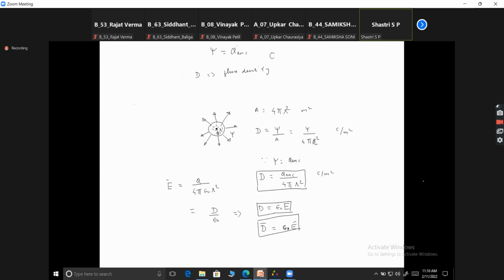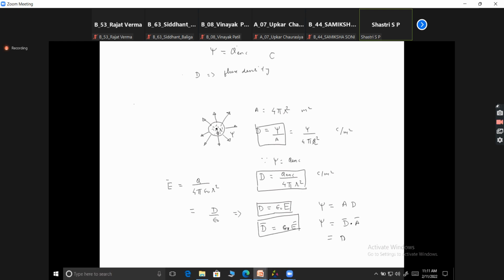And now, if I consider this relation, then the formula for finding psi equals A into D. In vector form, we'll just change the sequence, D dot A, because psi is a scalar quantity, and the dot product of two vectors can give you a scalar quantity.